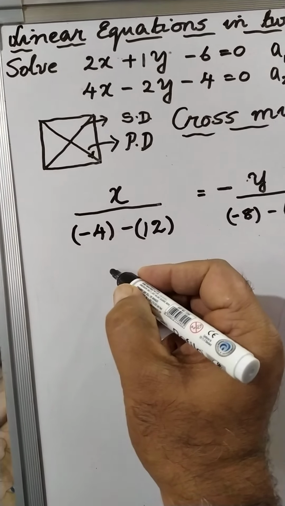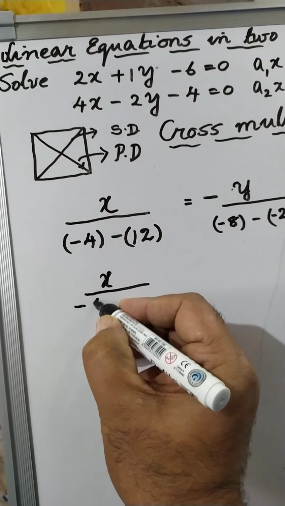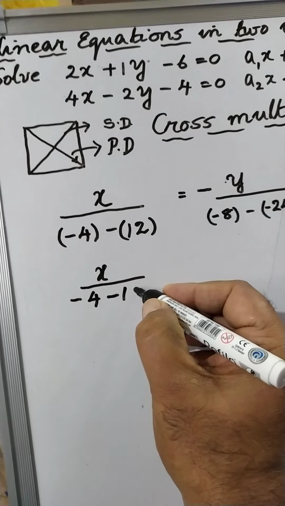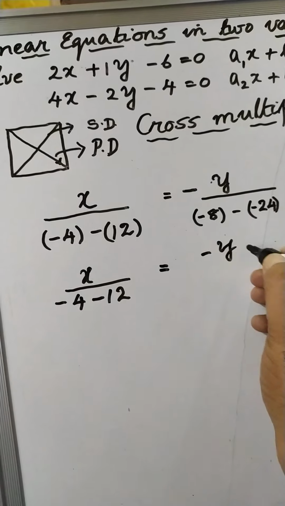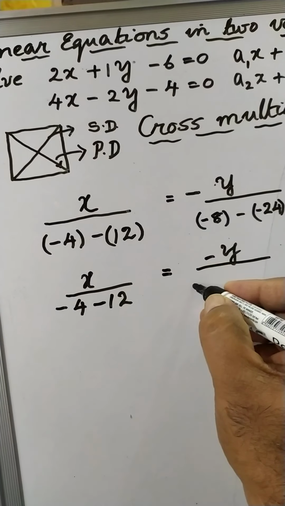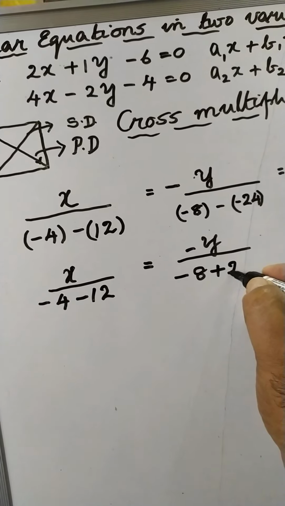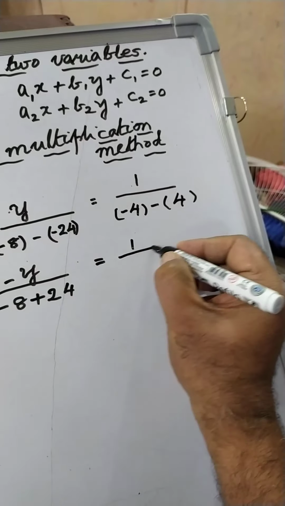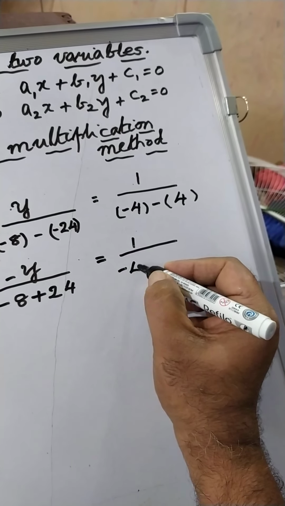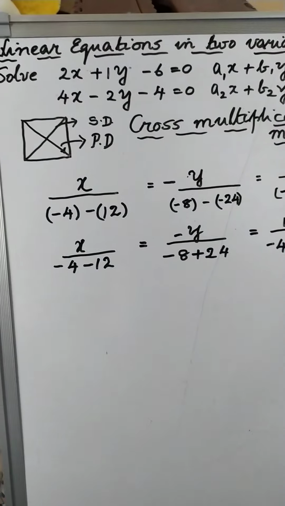If I simplify, x divided by minus 4 minus 12, that is equal to minus y divided by minus 8, minus of minus is plus 24, that is equal to 1 divided by minus 4 minus 4. I am removing the brackets.